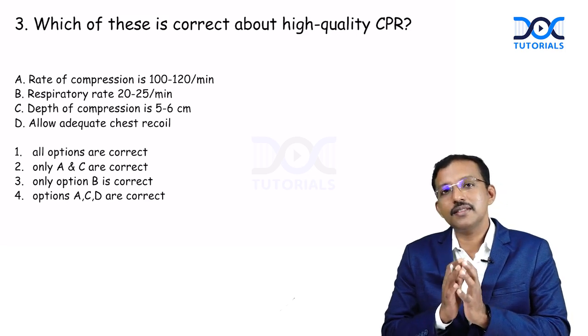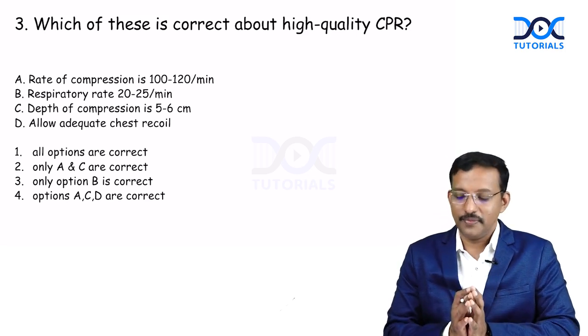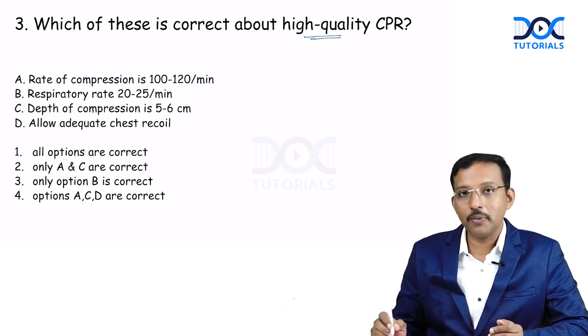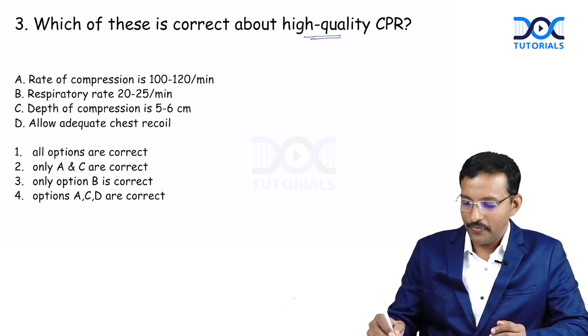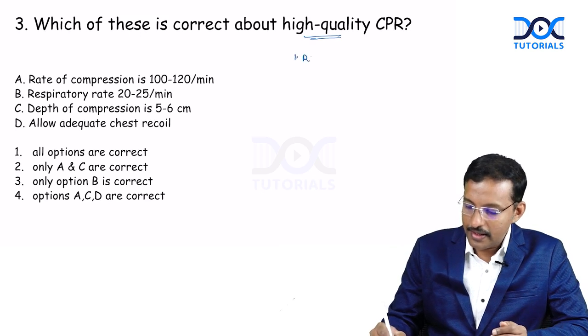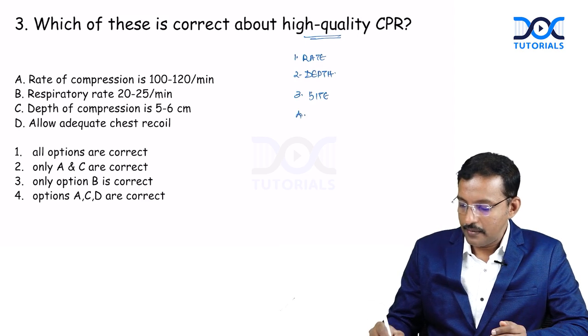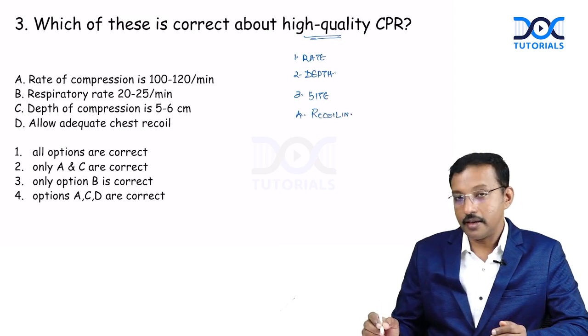So what is a high quality compression? When you call it a high quality compression, there are 4 points you should know. One, the rate should be adequate, the depth should be adequate, the site should be correct, and then the recoil should be there.